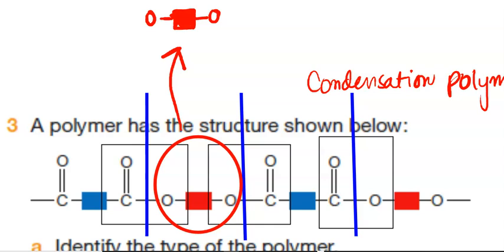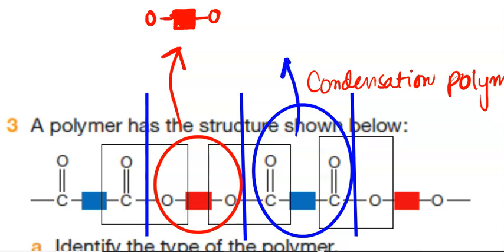You can see this one is the second linkage, right? Second part, monomer part. So draw this as it is, C double bond O.